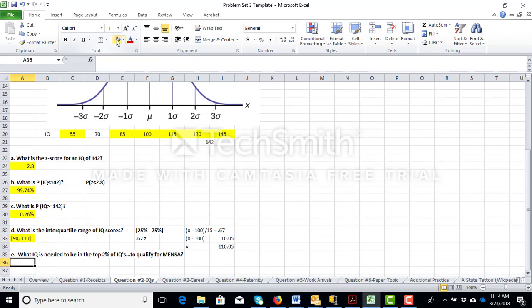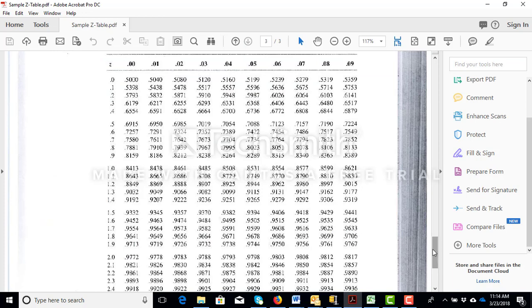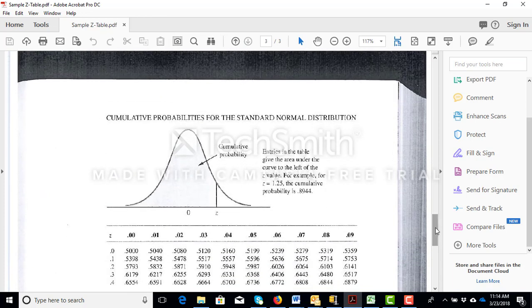Same thing for part E. This is extra credit, so I won't go into detail about it right at the moment, but if we want to figure out an IQ needed to be in the top 2% of the population so that we can get into this group called Mensa, we would go to the table and look for, remember how the table's set up, it gives you the percentages to the left of a given number.